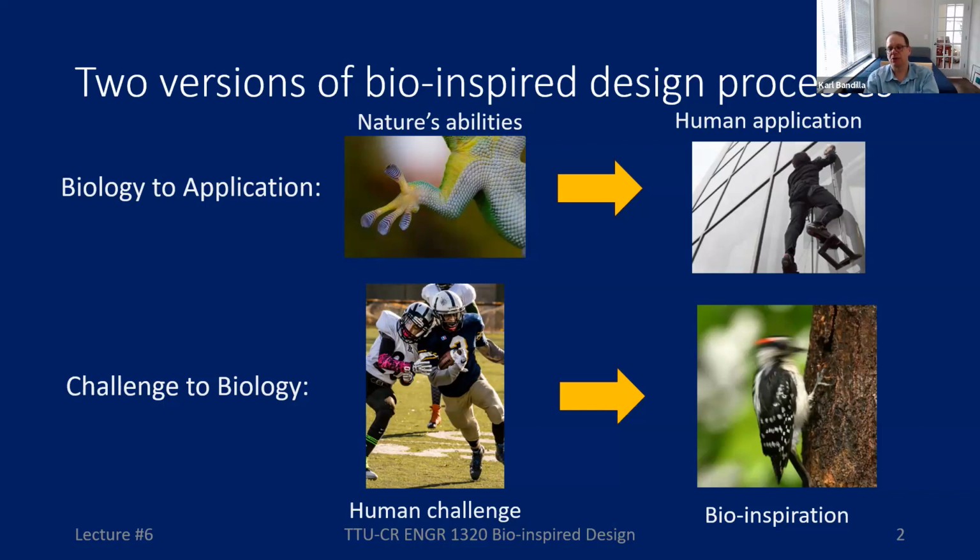The other one was the problem-based approach, where we see in technology or in society that there's a specific problem, and then we look to nature to see if there's a way that nature does something similar that would help us. In this case, we have some American football players banging their heads together, which obviously is not a good thing for your head. Our heads aren't necessarily designed to bang into each other all the time.